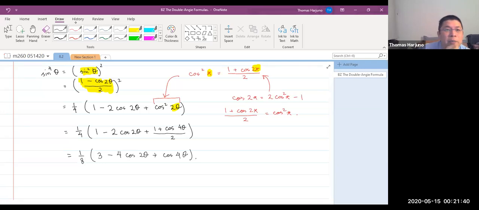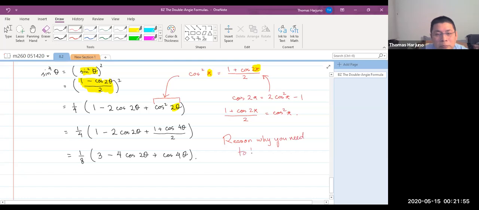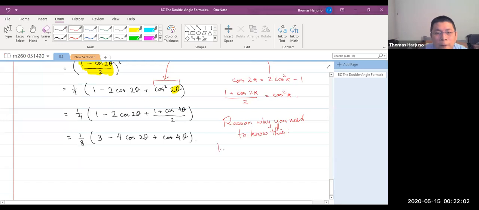Let me give you the reason why you need to know this. Because in calculus 2, one thing you need to do is to integrate, for example, sine to the 4th x dx. Now, don't worry, I don't expect you to know how to do this.